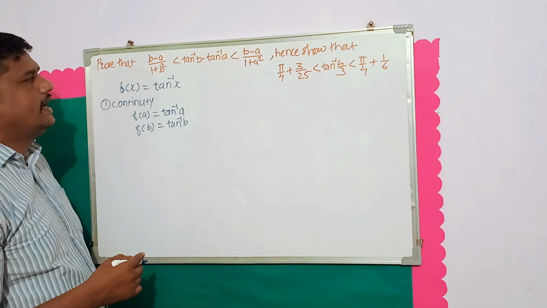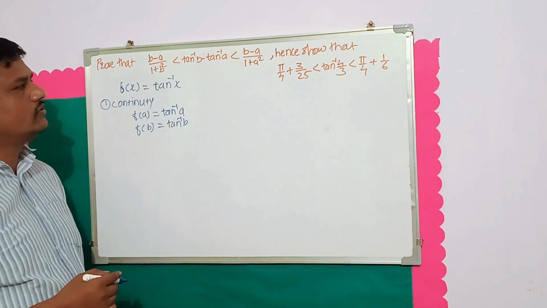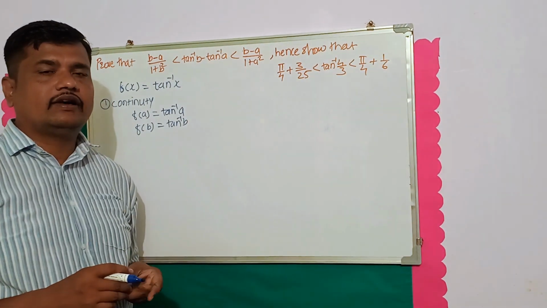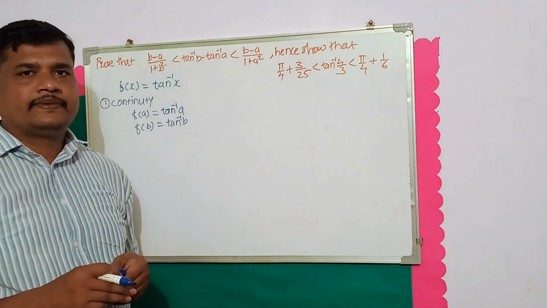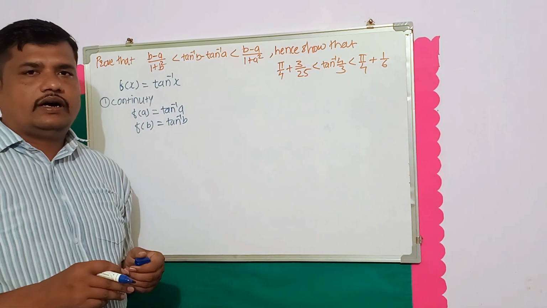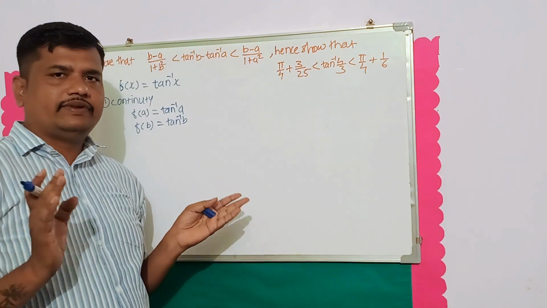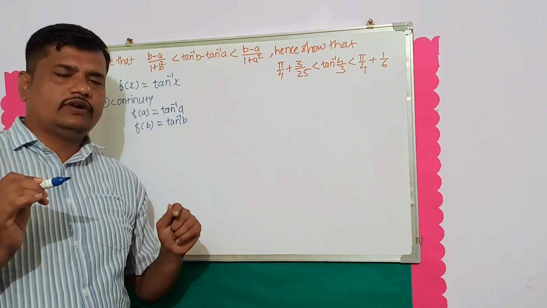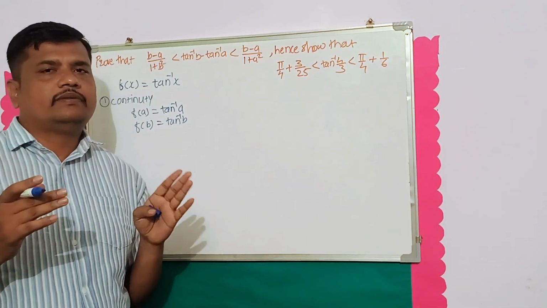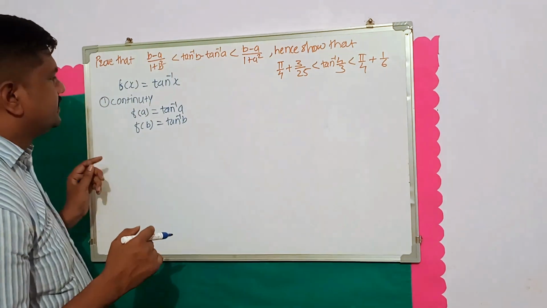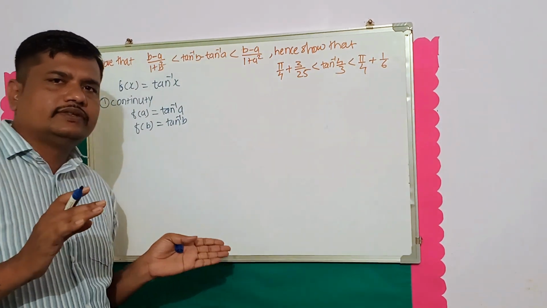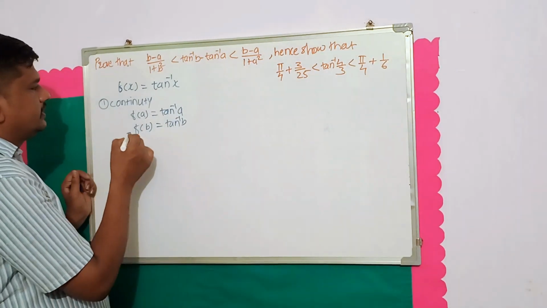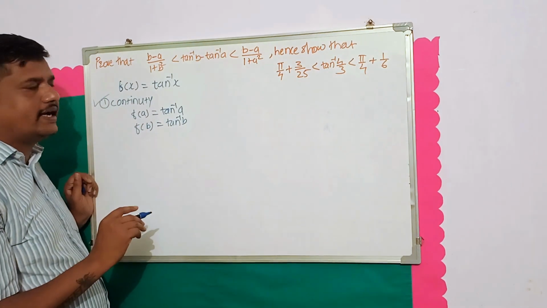In addition to this problem, we also get one more condition on the values of a and b: these two values lie between 0 and 1. We know that tan inverse of 0 is 0, and tan inverse of 1 is pi by 4. So for both these numbers we get an answer between 0 and pi by 4, which is a real answer. So f of x is a continuous function.